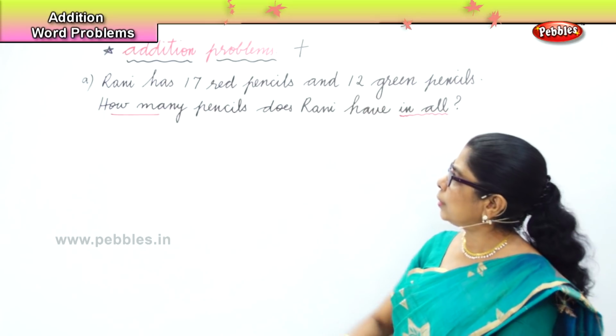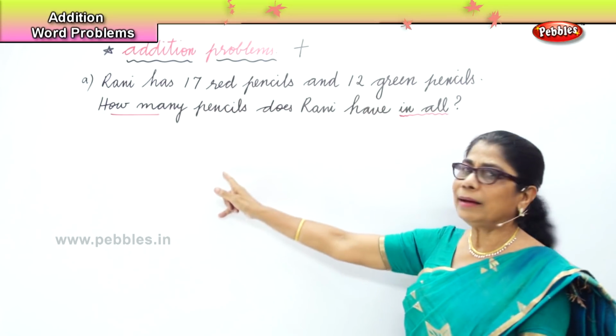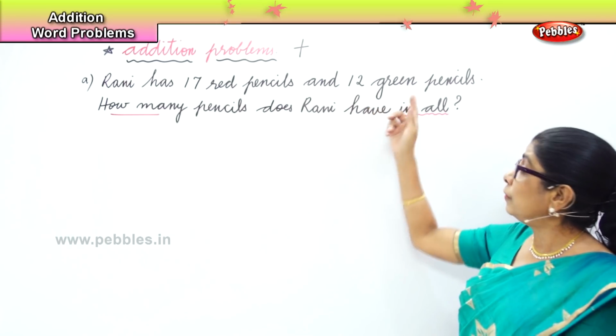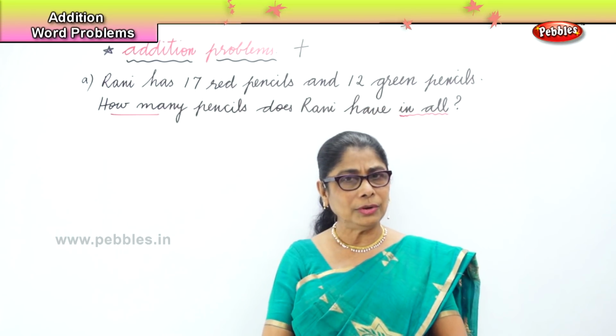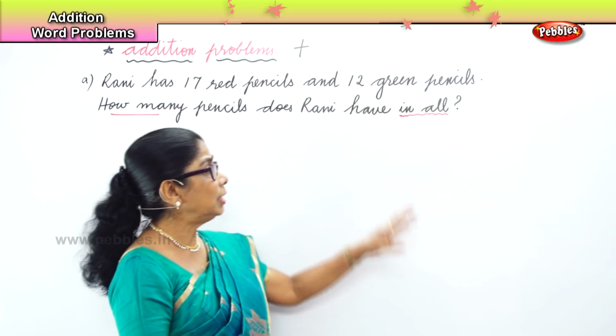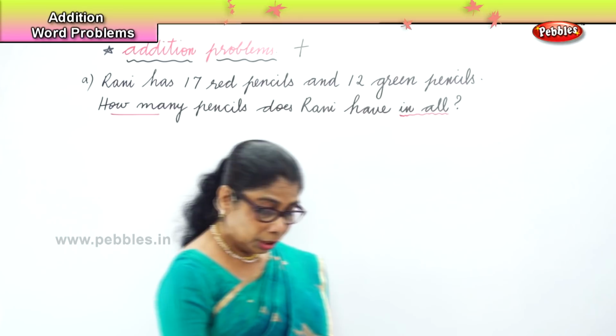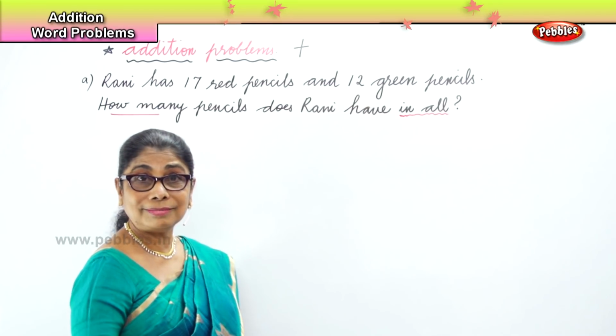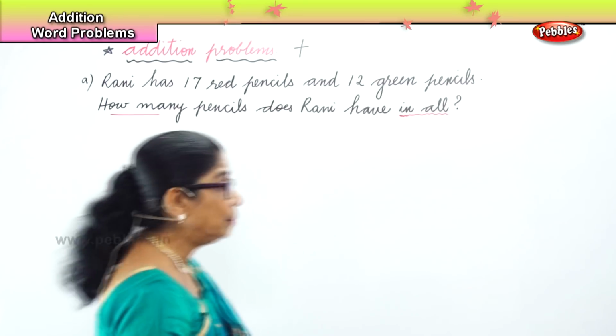Okay, what is the first one? Number of red pencils. Very good. Next, number of green pencils. Very good. Finally, therefore, total number of pencils, or you can say number of pencils in all. Okay, now let's write the statements.